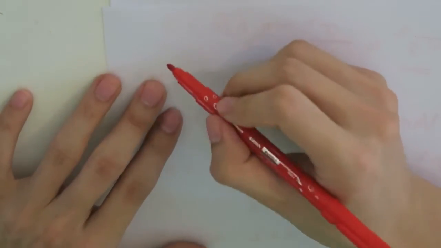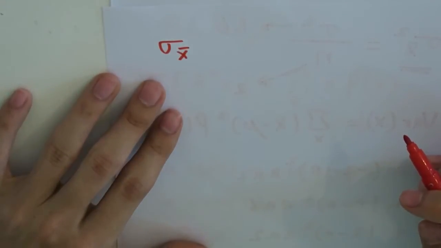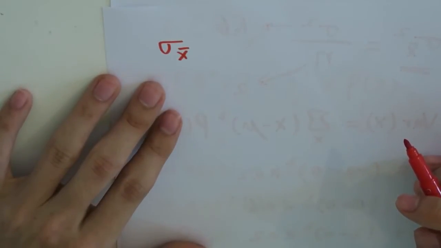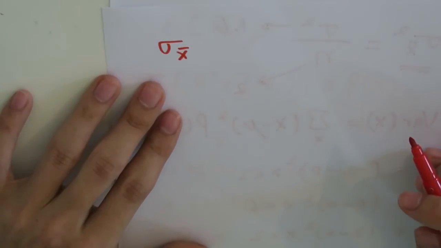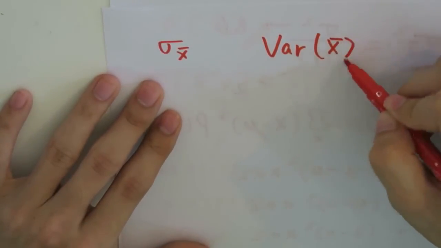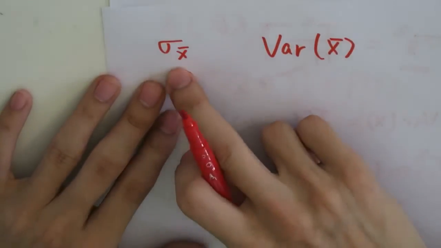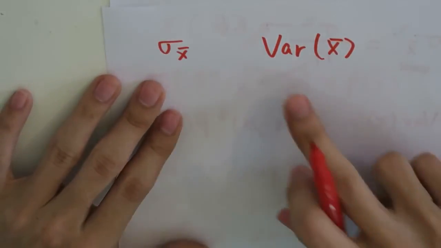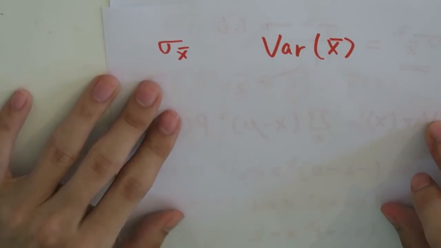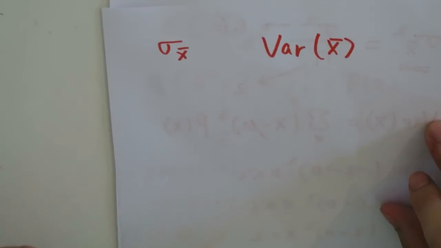If you recall, this standard error is actually the square root of the variance of sample mean. That means if we can calculate the variance of sample mean, we take the square root, we can get this standard error. And how do we get this variance of sample mean? From part A, we know the distribution of sample mean.